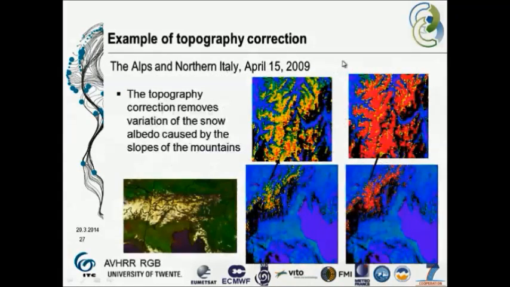And then just a mention that the CLARA-A1 contains a separate topography correction for the AVHRR data, partly because the pre-processing of the AVHRR data usually assumes a flat Earth. So that means that first of all, for snow or mountainous areas, the pixels might not be exactly in the right place, because the actual place where the radiation field has left the Earth's surface on its way to the satellite sensor might be different when it's calculated for a flat surface relative to the actual topography that was present.